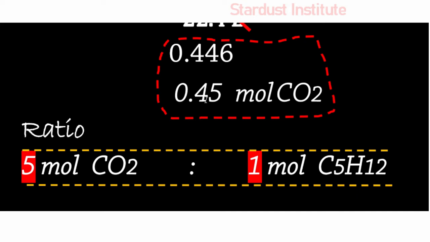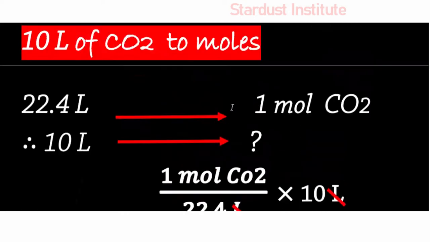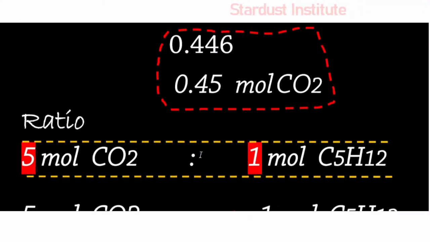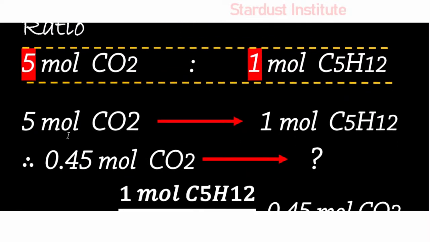This 0.45 moles of carbon dioxide means 10 liters of carbon dioxide. To produce 0.45 moles of carbon dioxide, how many moles of pentane are required? We can find the answer in this way.